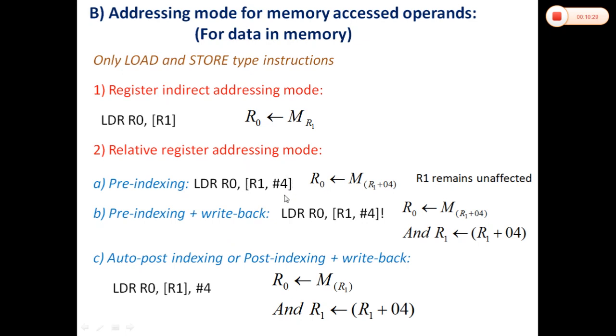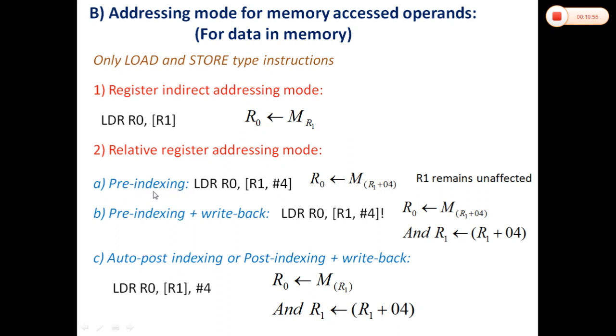The address of the operand is generated by adding these two together, and then the content of the memory location pointed to by this address is loaded into R0. This typical operation is said to be a pre-indexing operation.